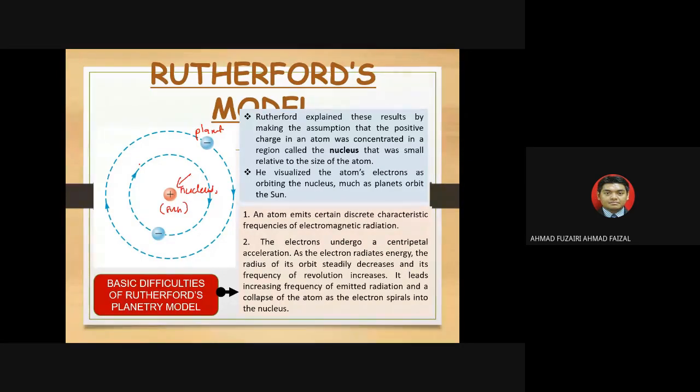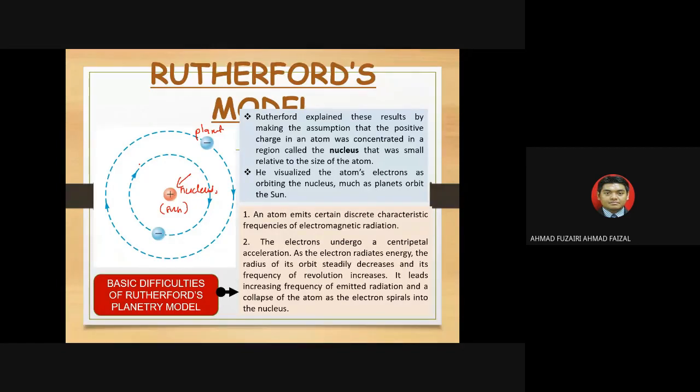An atom. So, the basic difficulties of Rutherford's planetary model. Even though he tried to explain in his own terms and get attention to his model, he also had some difficulties, because an atom emits certain discrete characteristic frequencies of EM wave, and the electron undergoes centripetal acceleration.